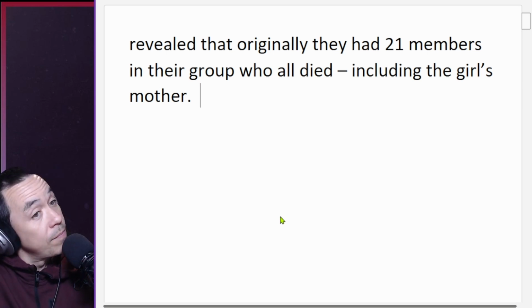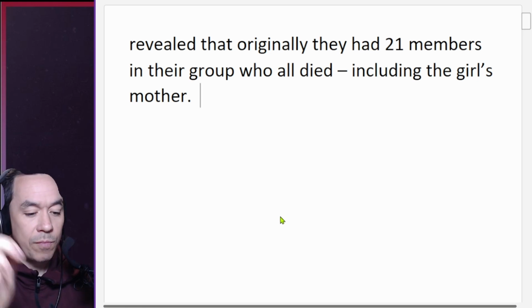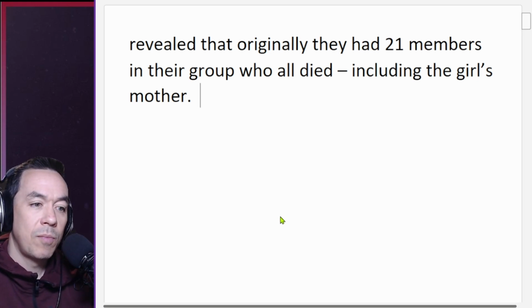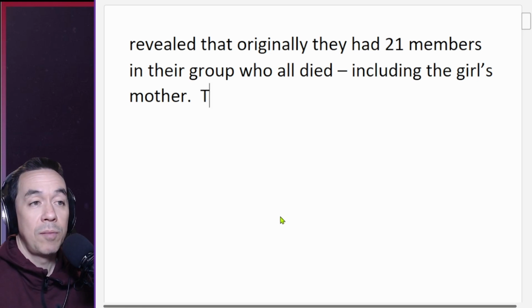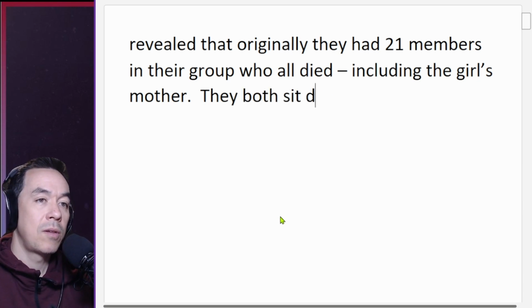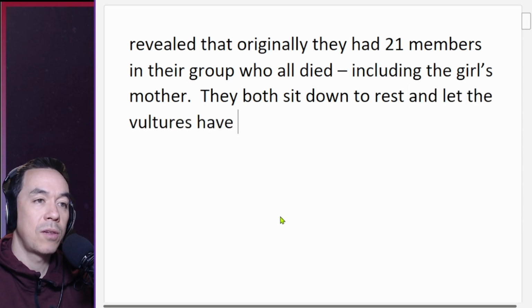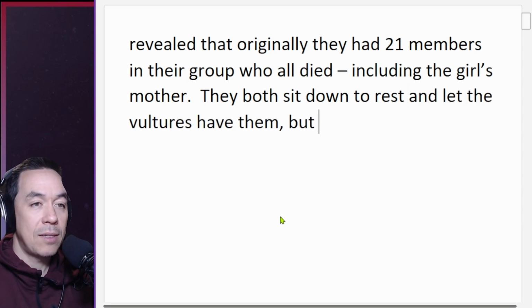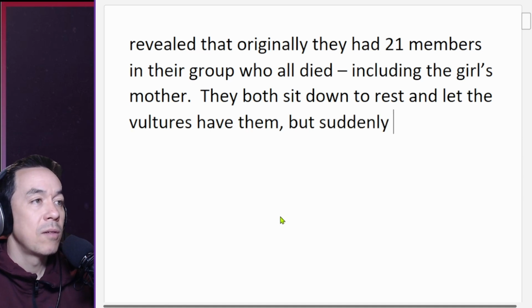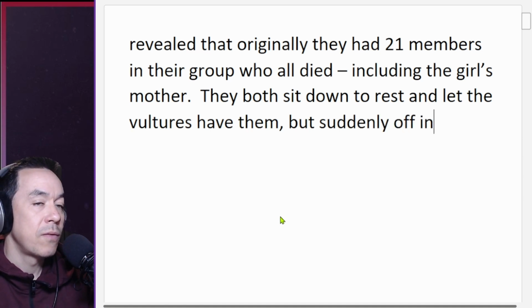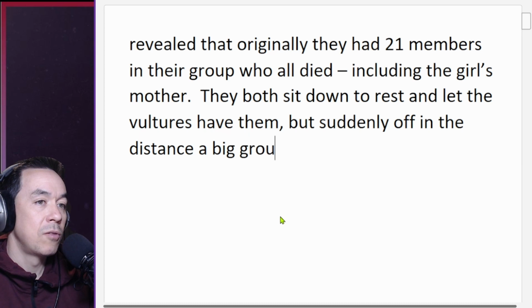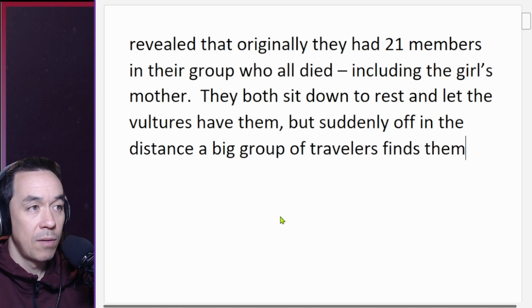They both sit down to rest and let the vultures have them, but suddenly off in the distance a big group of travelers finds them.